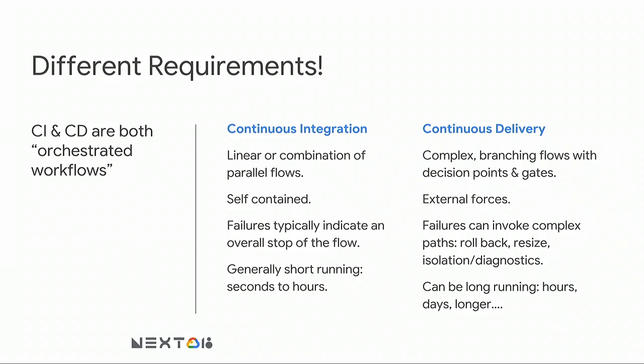Whereas in continuous delivery, we have this very complex logic of what to do when we're rolling out, right? There's external forces acting that are telling us what to do next, and in a failure case, how do we recover from that? And these continuous delivery workflows can be very long running, anywhere from minutes to hours to days or even longer, depending on what type of system we're rolling out.